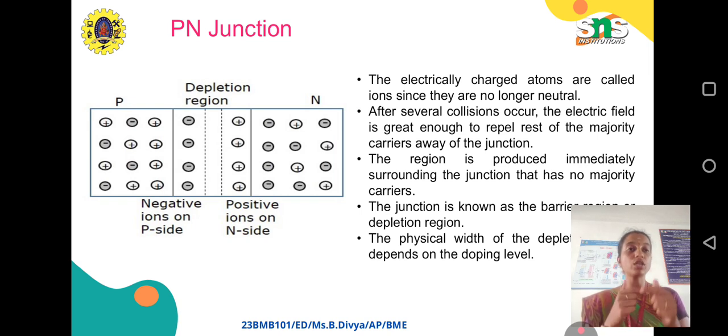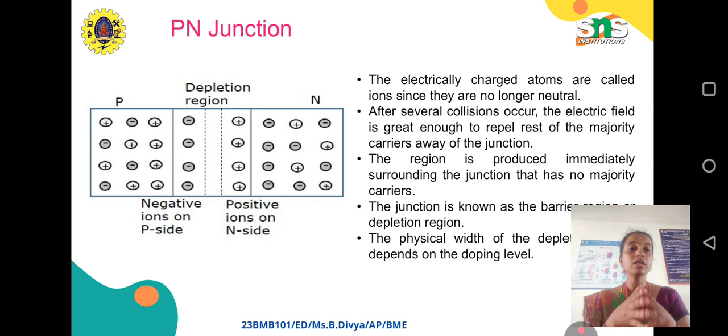After several collisions, the electrical field is great enough to repel the majority carriers away from the junction. As the supply is given, we have a large number of electrons and holes in the p type and n type, which collide and recombine, leaving holes in the p type and electrons in the n type. They form a depletion region.